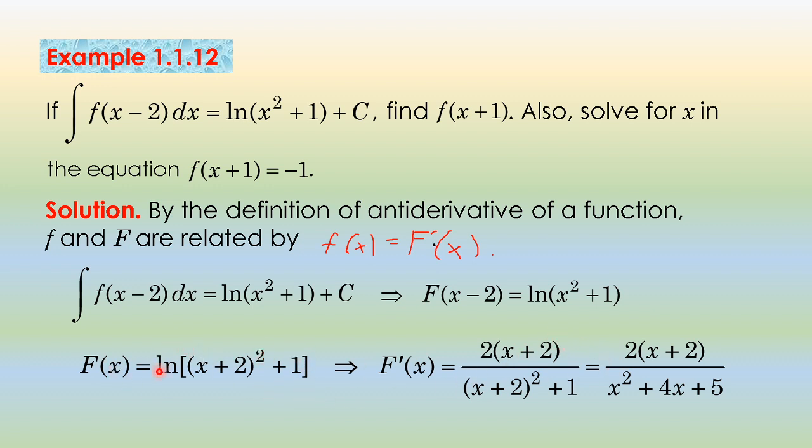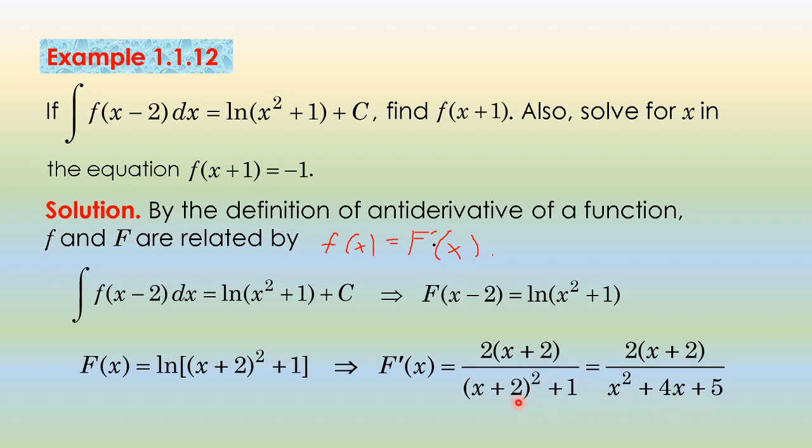All over, because this is the natural logarithm, its derivative is the derivative of the expression inside over this expression. So again, the derivative of this is 2 multiplied by x plus 2 all over this expression.